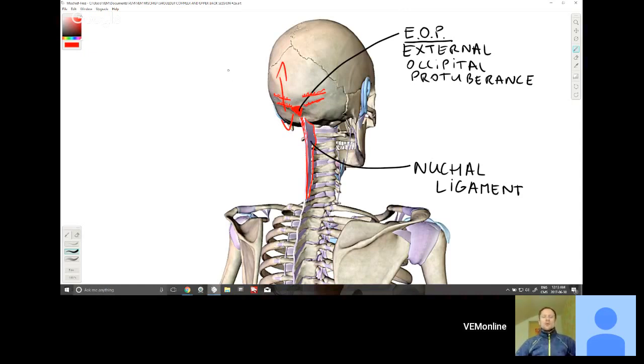The one above is called superior, obviously, and the one below is called inferior nuchal line. So superior nuchal line and inferior nuchal line.